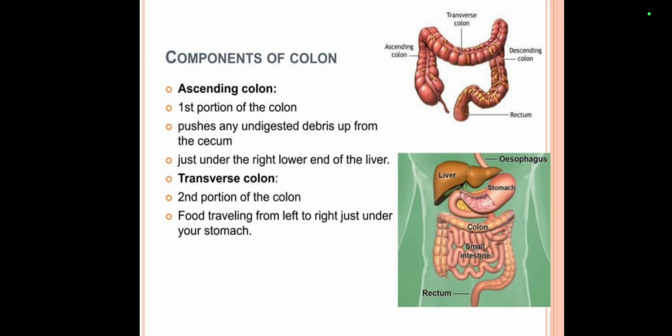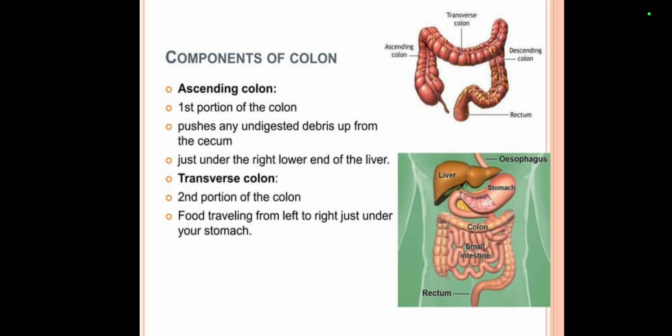So the purpose of the ascending colon is to push the undigested food up from the cecum. It is just under the right lower end of the liver. So that is the ascending colon.